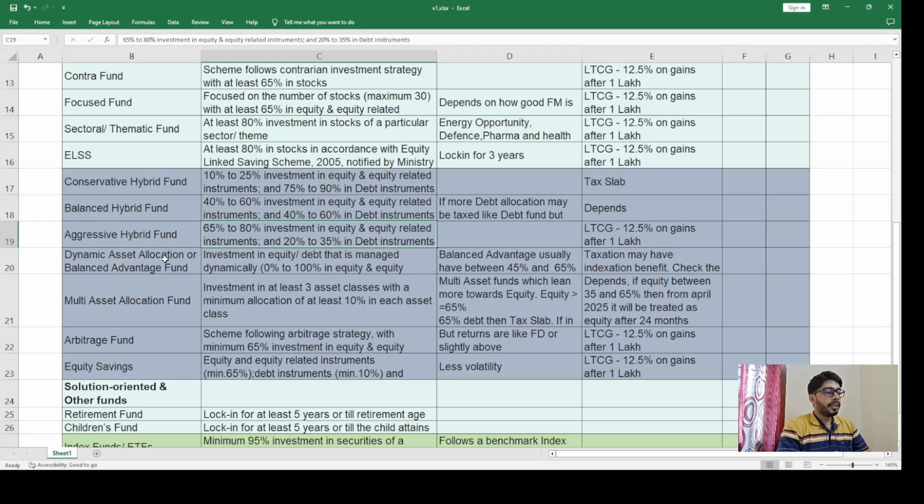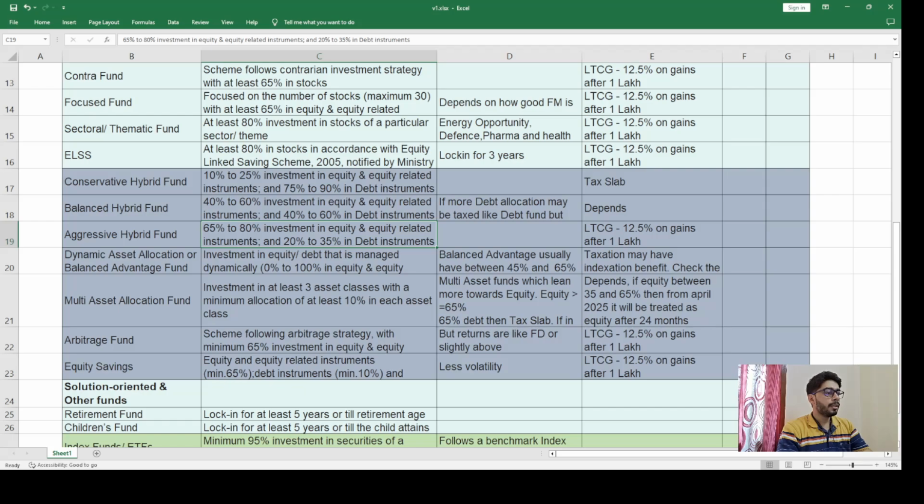Then there is dynamic asset allocation or balanced advantage fund. In dynamic asset allocation, you will have the variation going from 0 to 100% either way. Based on the fund manager's research, if they think that currently they have to go all in on equity, then the equity proportion will be more and the debt proportion will be less. That is how it will be in dynamic asset allocation.